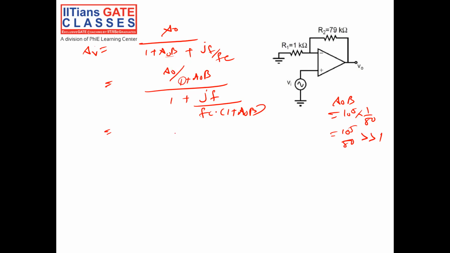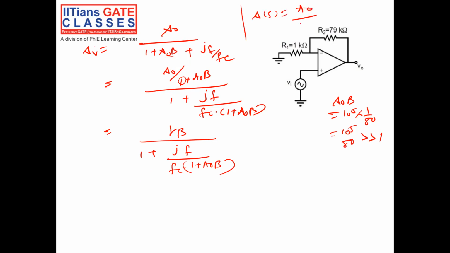A0 by A0 beta is nothing but 1 by beta on the top, divided by 1 plus j into frequency by fc into 1 plus A0 beta. So what I can conclude is that in the open loop, the gain As is A0 by 1 plus j f by fc.